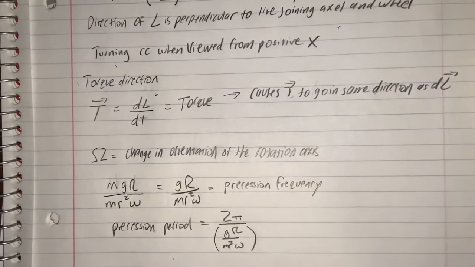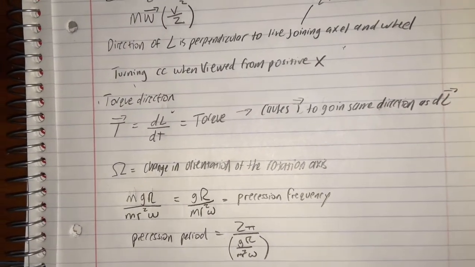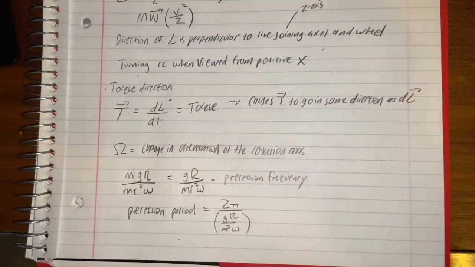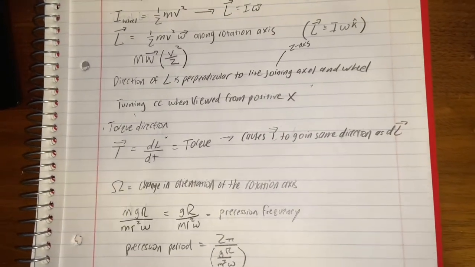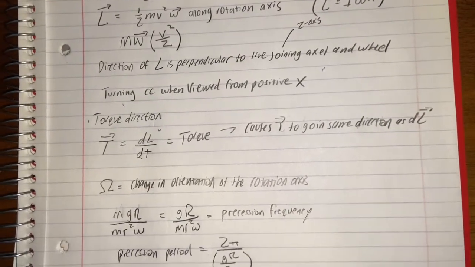And now we're trying to find the period of precession. We know that omega is going to be equal to the precession frequency, and that is just the change in the orientation of the rotation axis. I just wrote that down there.